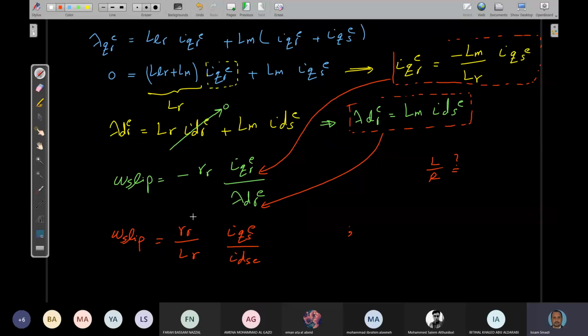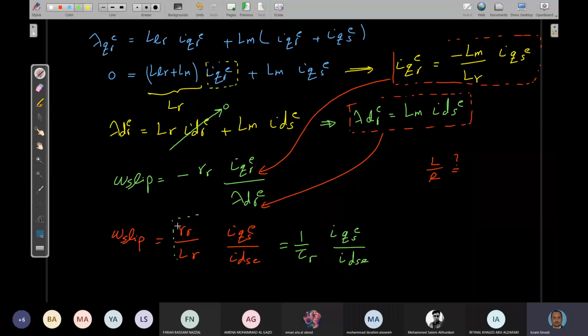So this is 1 over tau. Which tau? Tau of the rotor, because this is R of the rotor, L of the rotor, multiplied by IQSE over IDSE.